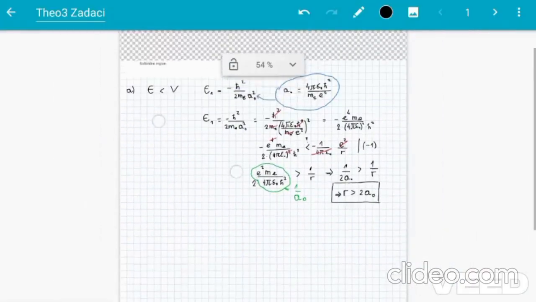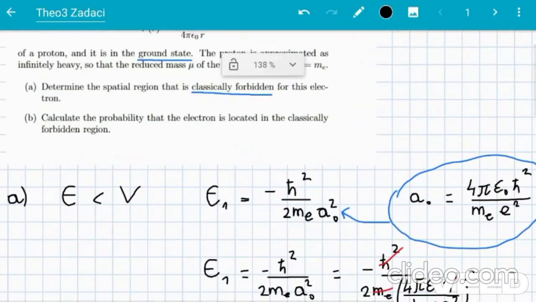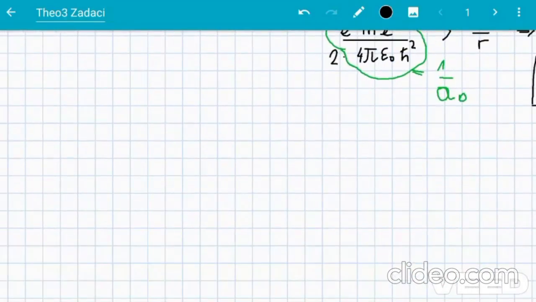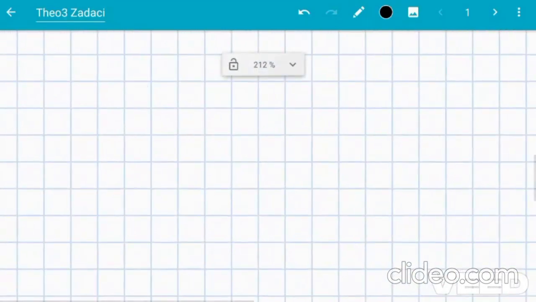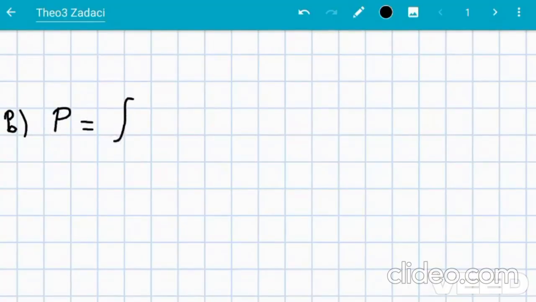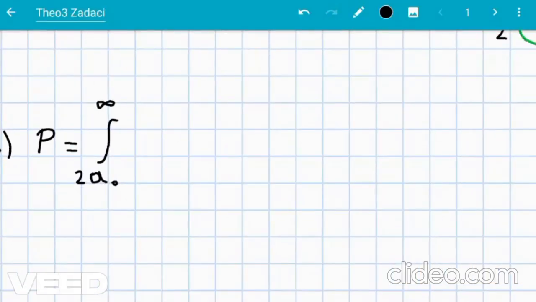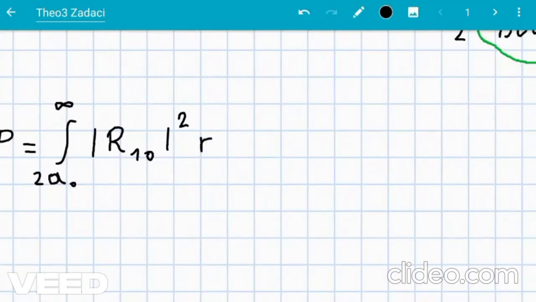Now in part B, we're supposed to find the probability that the electron is located in this region. We do that with the following formula. The probability is equal to the integral, using the given formula of the radial probability. We want the integral from 2a naught to infinity, and since the electron is in the ground state, we take the radial ground state squared.